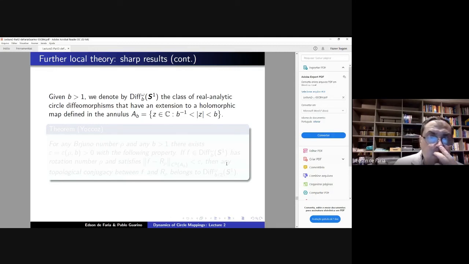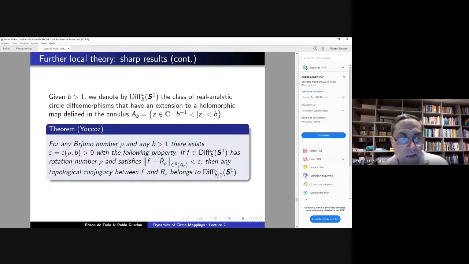All right, so Yoccoz's theorem can be stated as follows. Well, first, some notation. I'm going to write Diff omega sub b of S1 for the class of all real analytic circle diffeomorphisms that have a holomorphic extension to a map defined in the annulus A sub b, which is the set of all z's whose absolute value is between b and 1 over b, okay?